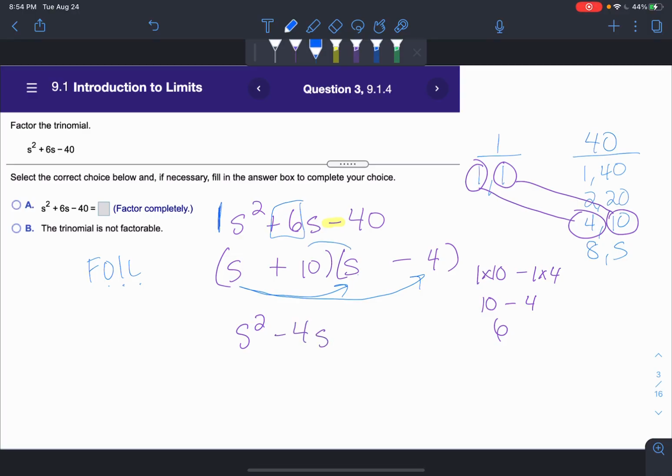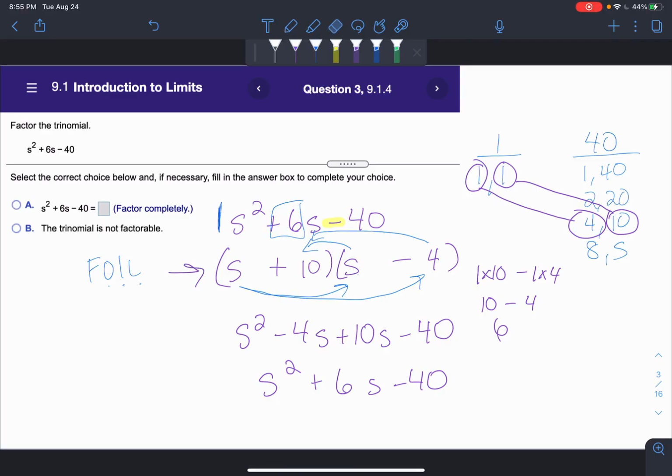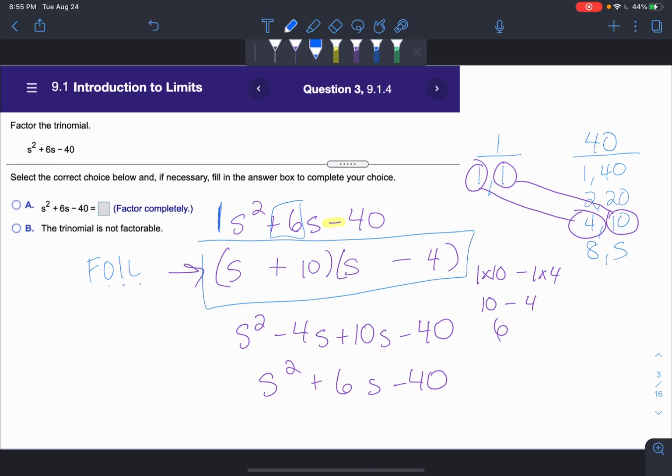Then inner, s times 10, plus 10s. And last, minus 4 times 10, which gives us minus 40. If we simplify, we do in fact get the same trinomial that we started out with. So we have checked that this is the fully factored answer right here.